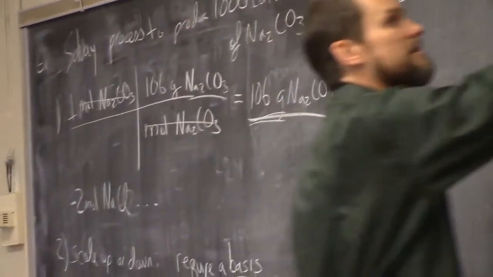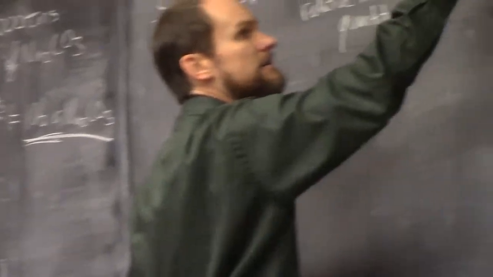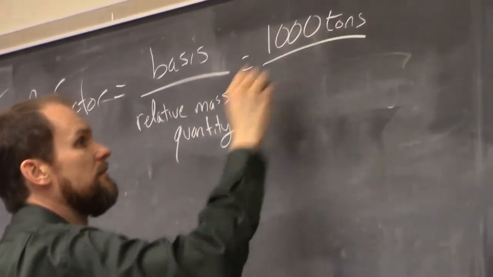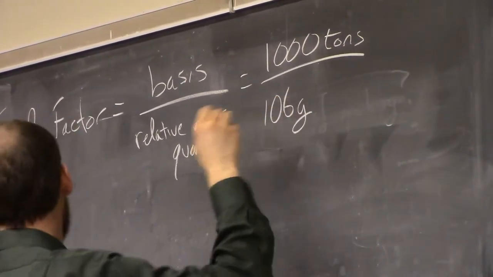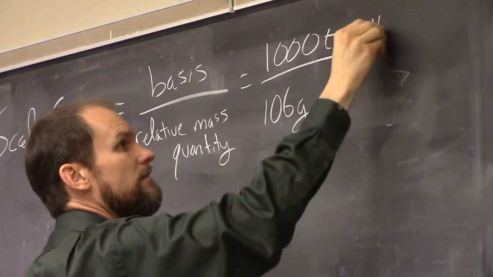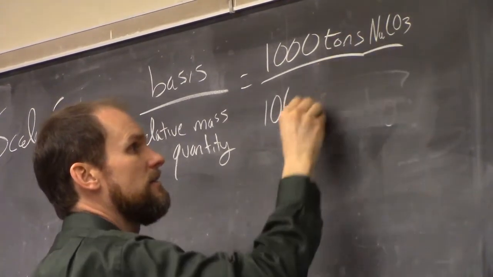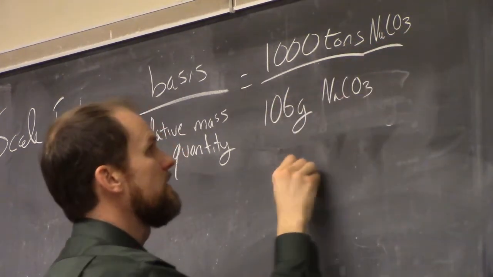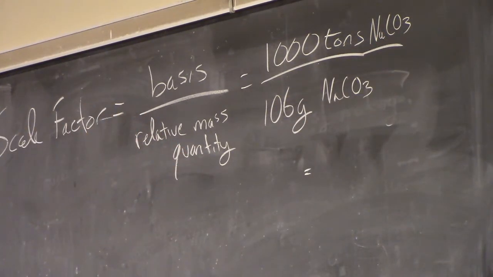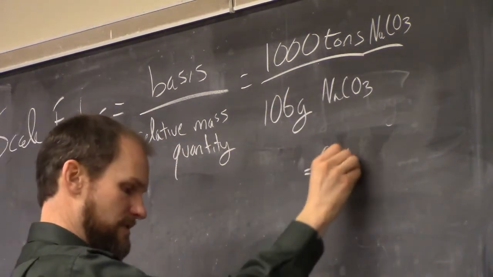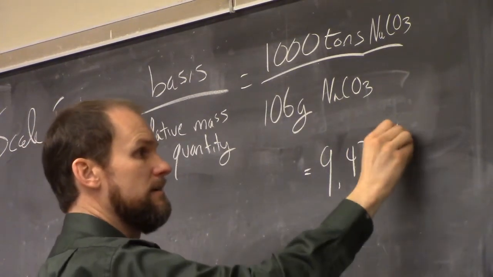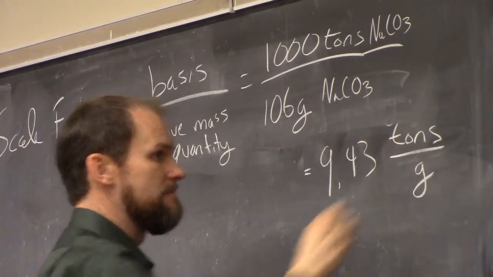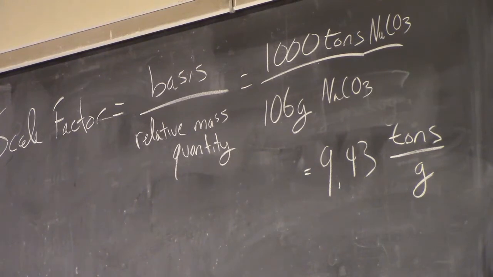Our basis, 1,000 tons, over 106 grams of Na2CO3. It's going to give us a scale factor of 9.43 tons per gram. For every gram in our model calculation, we need 9.43 tons.